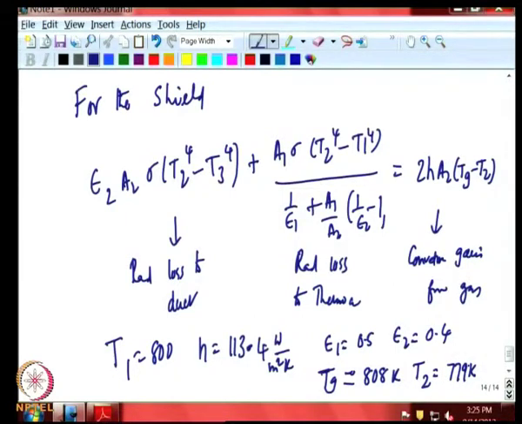Now, this clearly illustrates the important role. When the shield was not there, we had an error of the order of 208 degrees Kelvin. When you put the shield, the thermocouple was not directly seeing the wall of the duct, and it was exchanging radiation only with the shield.